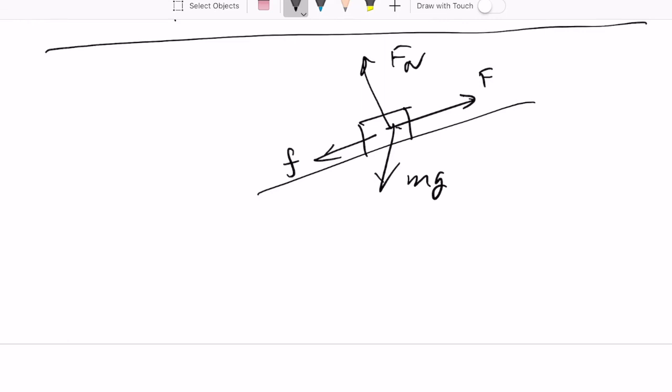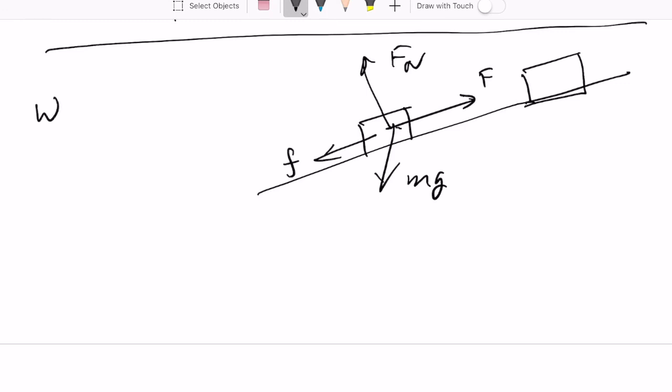Let's classify. Okay, so let's write down the work kinetic energy theorem. Let's say that all of these forces have resulted in moving the object from here to here. So all of these forces have done some work, right? What does the work kinetic energy theorem tell us?